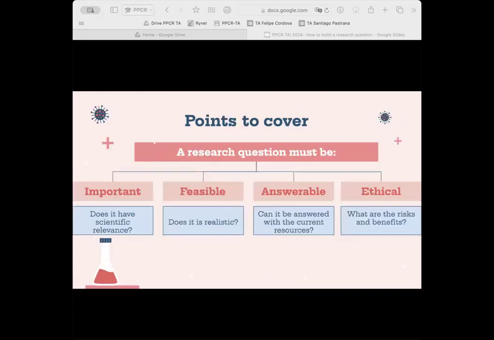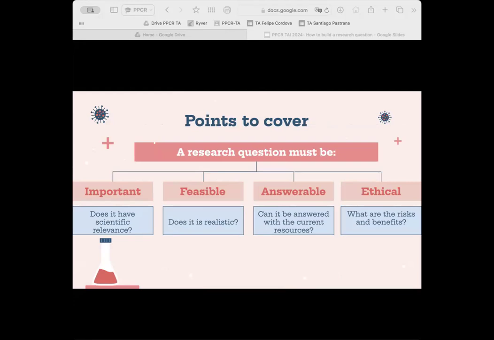And now, all research questions must be important, must be feasible, must be answerable, and must be ethical. Important: you must ask yourself if your question is relevant for the scientific field. Feasible: if it is realistic with the resources you have available.